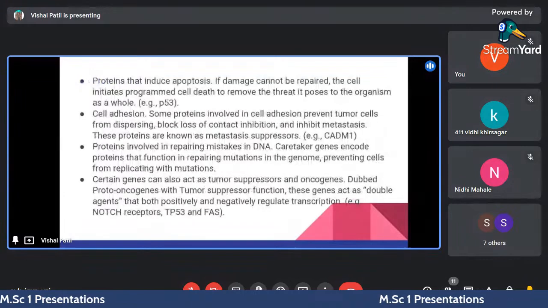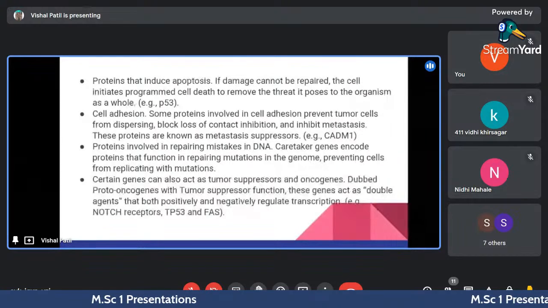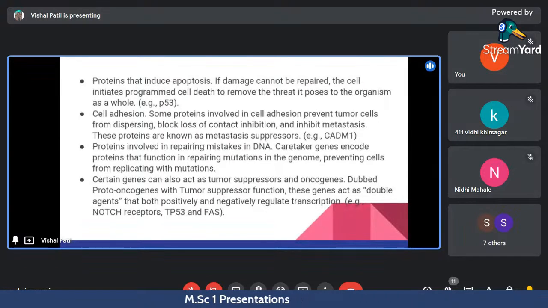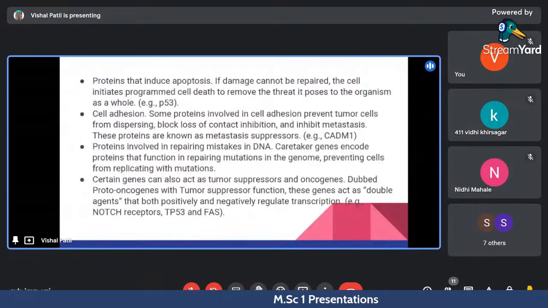Proteins that induce apoptosis: if damage cannot be repaired, the cell initiates programmed cell death to remove the threat it poses to the organism as a whole. Cell adhesion: some proteins involved in cell adhesion prevent tumor cells from dispersing, block loss of contact inhibition and inhibit metastasis.